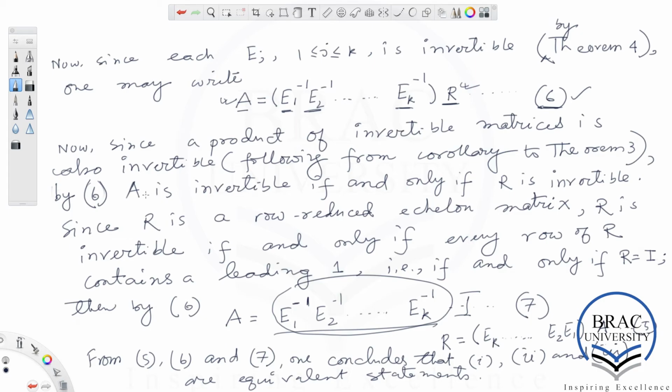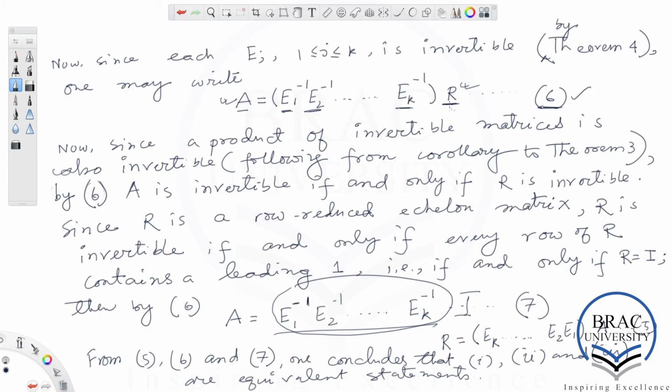We started with the assumption that A is row equivalent to this row reduced echelon matrix, and we get to the conclusion from A being invertible that R is the identity matrix itself, and then that proves that A is row equivalent to the n times n identity matrix.